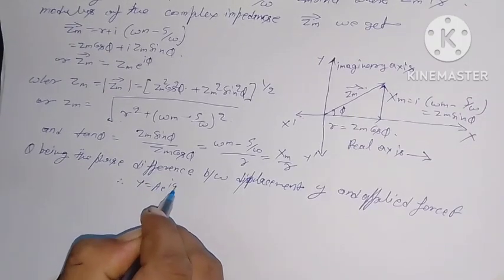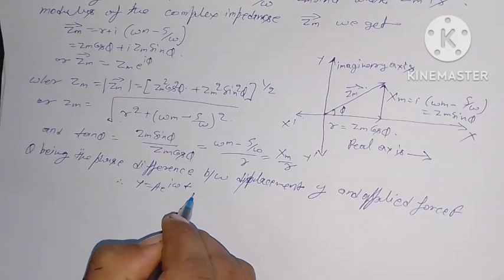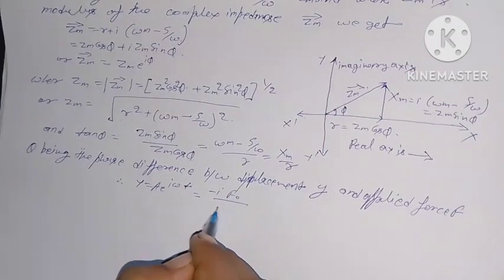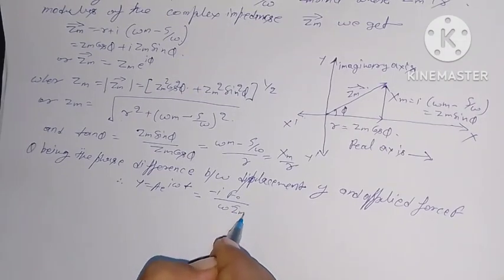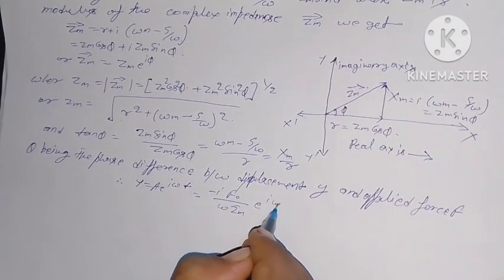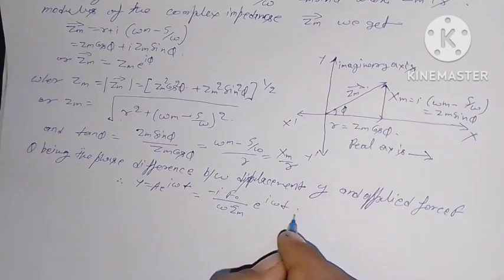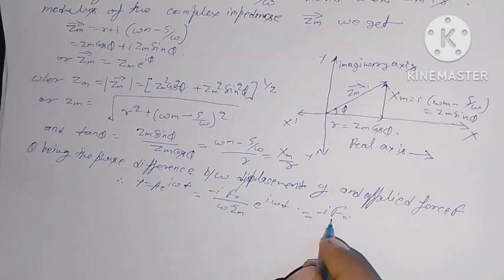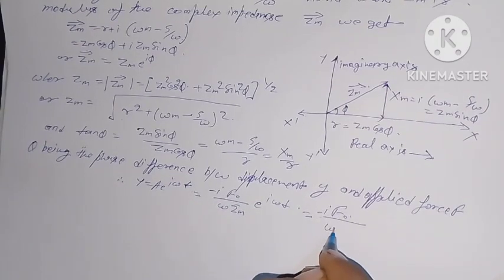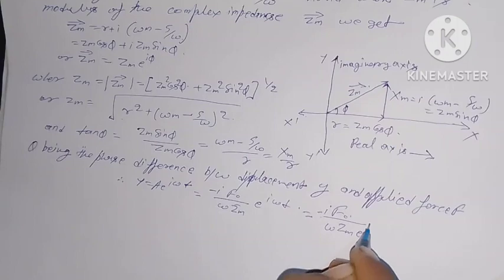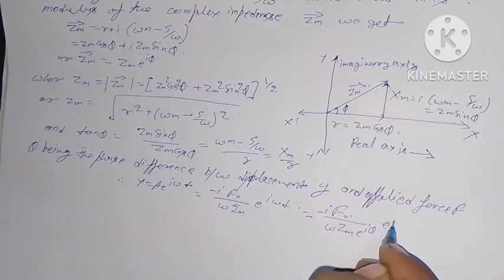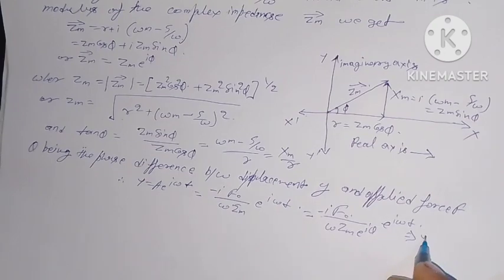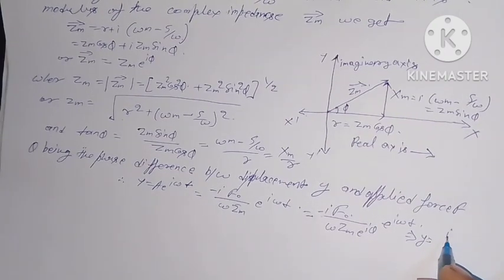Okay, that is y = A e^(iωt) = (-i F₀ / ω Z̄ₘ) e^(iωt). That is, -i F₀ / (ω Zₘ) e^(iφ) e^(iωt).